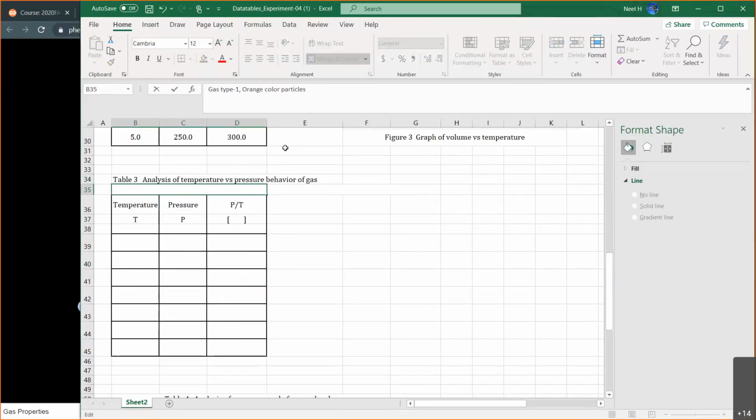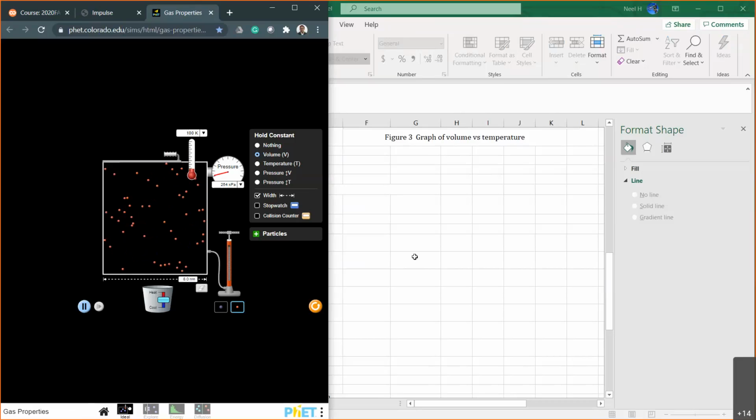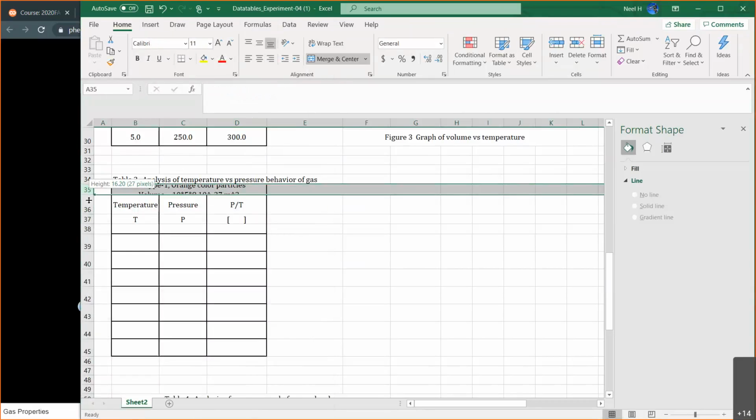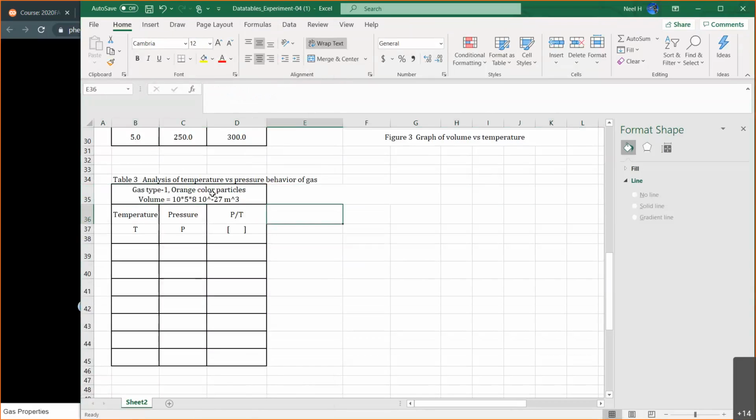For example, I'm using 8 nanometers for the width, which means the volume is 10 times 5 times 8, and the unit is 10 to the power negative 27 meter cubed. You can keep that information because it will be useful when you do the discussion part, okay?